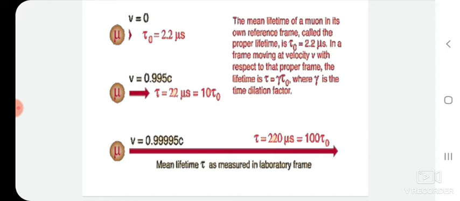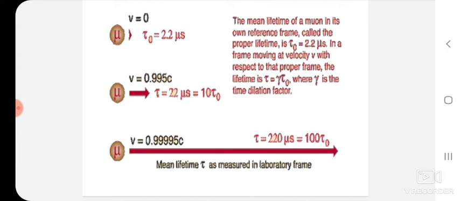Because we know the time dilation expression is t naught times gamma, or t naught divided by square root of 1 minus v square by c square. We know the value of v is 0.995 c, and the value of t naught is 2.2 microsecond. If you substitute those values, finally you will get t is equal to 22 microsecond. It is 10 times its proper time.